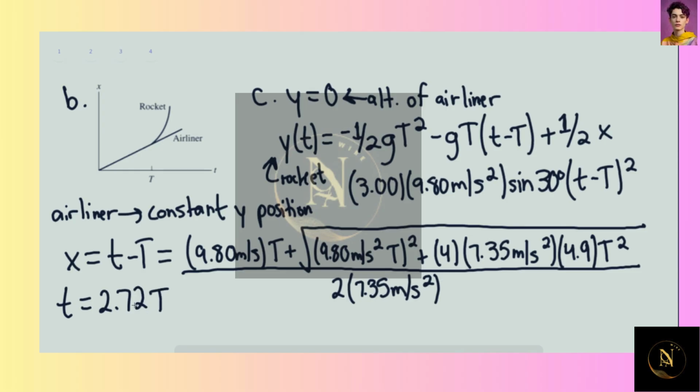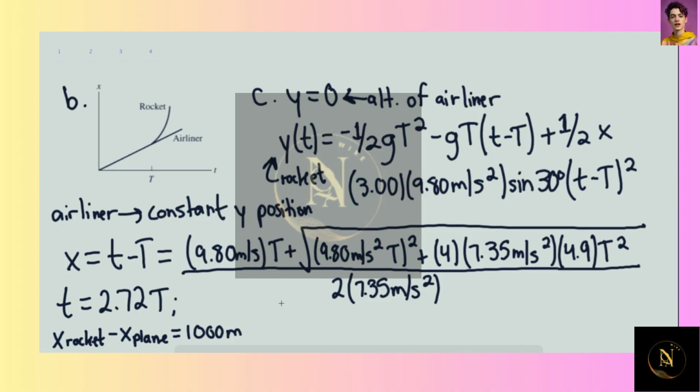And we're going to use the condition that x of rocket minus x of plane will equal 1,000 meters.